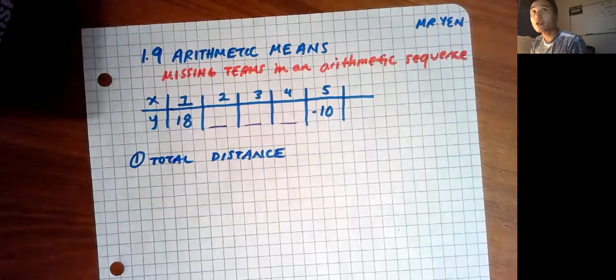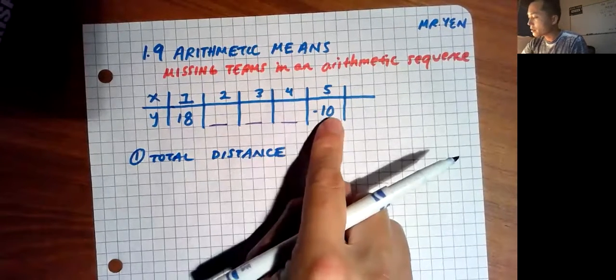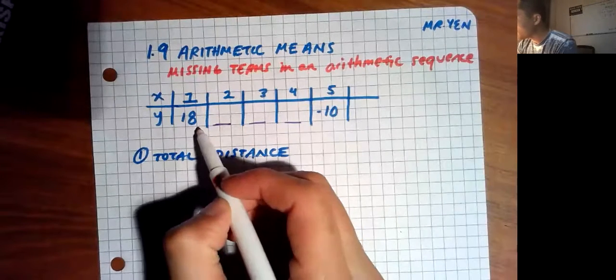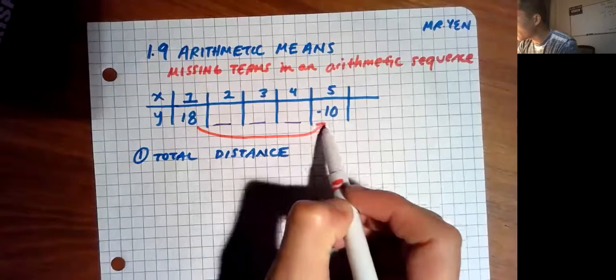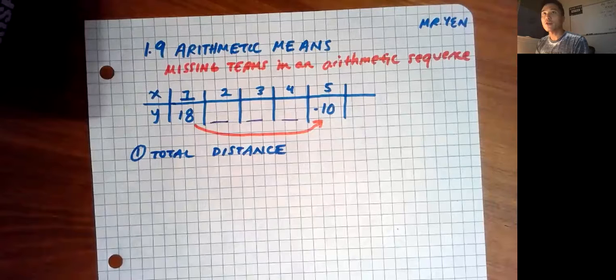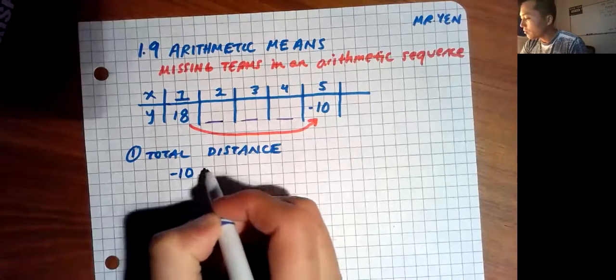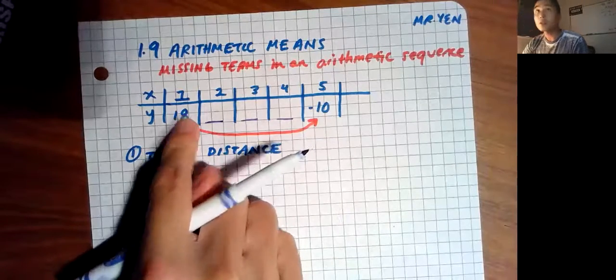So the first thing that we want to do is find the total distance between this first number we have and this second number that we have. So to go from 18 all the way to negative 10, how far are we traveling? To do that, we can use subtraction. I'm going to take this second number, which is negative 10, and subtract the first number, which is 18.